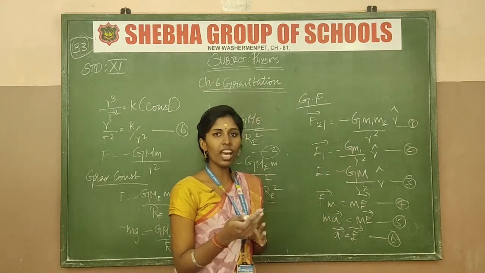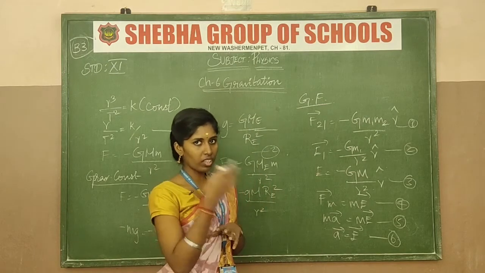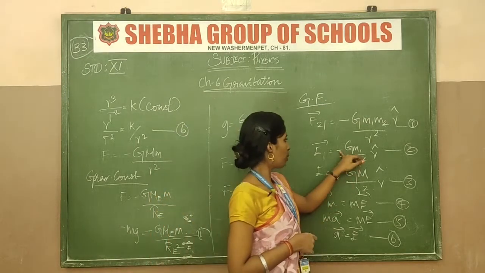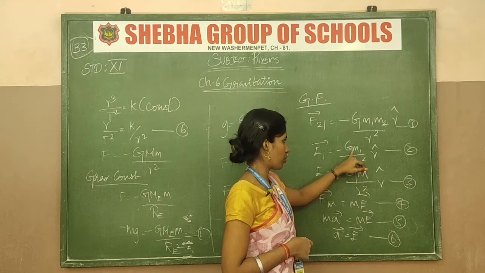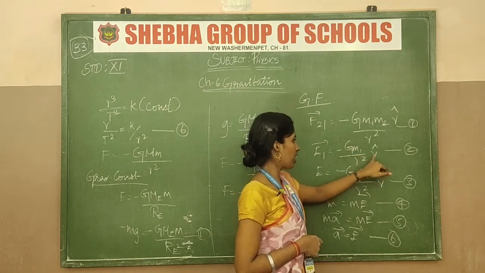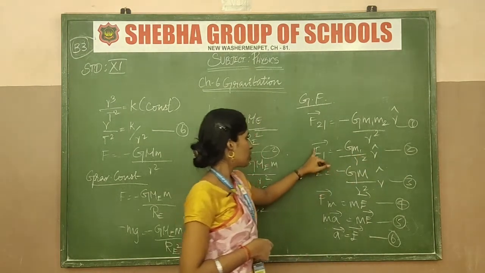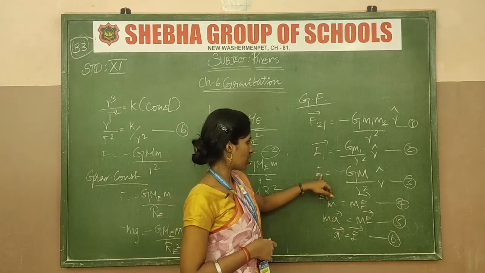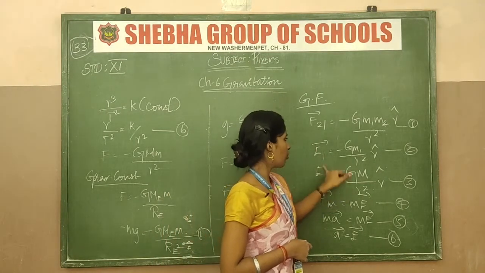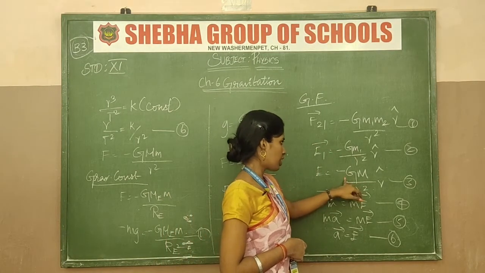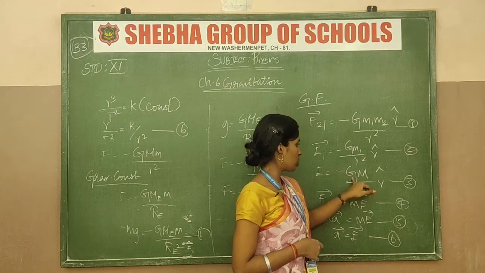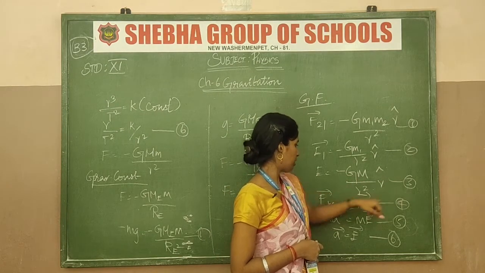G, what happens is the force of attraction gets transferred, that is repulsion, so when it repels we take minus G, the gravitation force, so m1 divided by r square r cap is the second equation. So E in vector form, we transfer as a unit vector, so minus G m divided by r square r cap is the third equation.